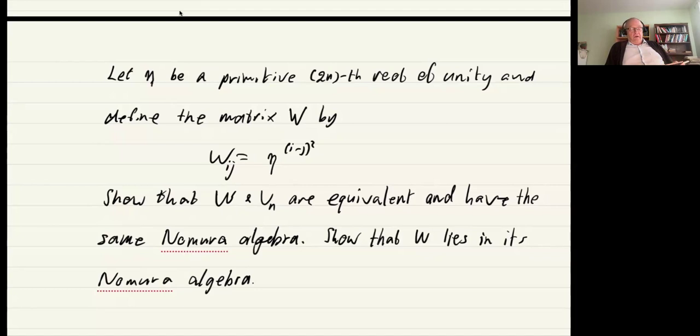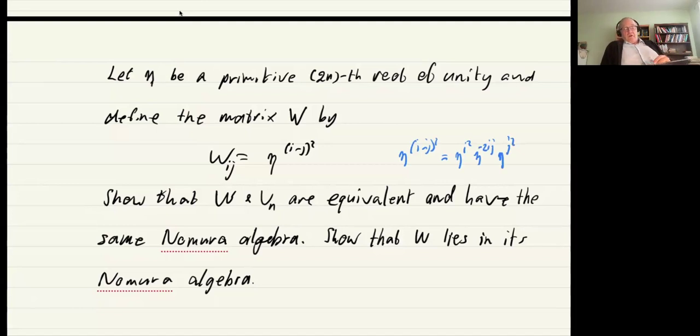Okay, and the trick is that eta to the (i minus j) squared is eta to the i squared, eta to the minus 2ij, eta to the j squared, and you probably want a minus in this.